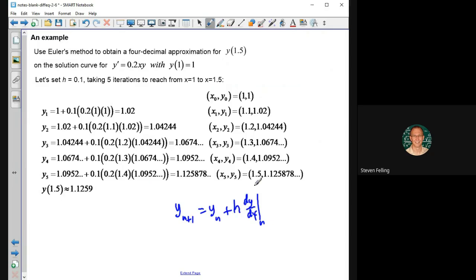Okay, so for example, when I start at the point (1, 1), the next y will be the y from the previous point plus the step size times this, which is you just plug in this point into the right-hand side of the differential equation because that gives you the derivative. And so that computes to 1.02. So now we're at the point 1.1 in x and 1.02 in y. And then we use this as a starting point.